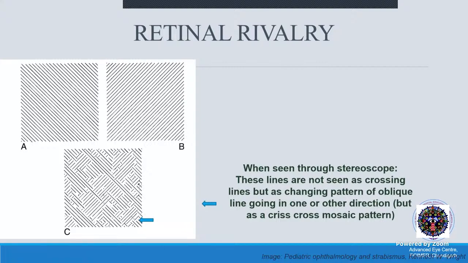So that is how you interpret it as a crisscross pattern, because both the objects are trying to fight to form the images on the retina. So the 3 adaptations that a mature visual system has are diplopia, confusion, and then retinal rivalry.